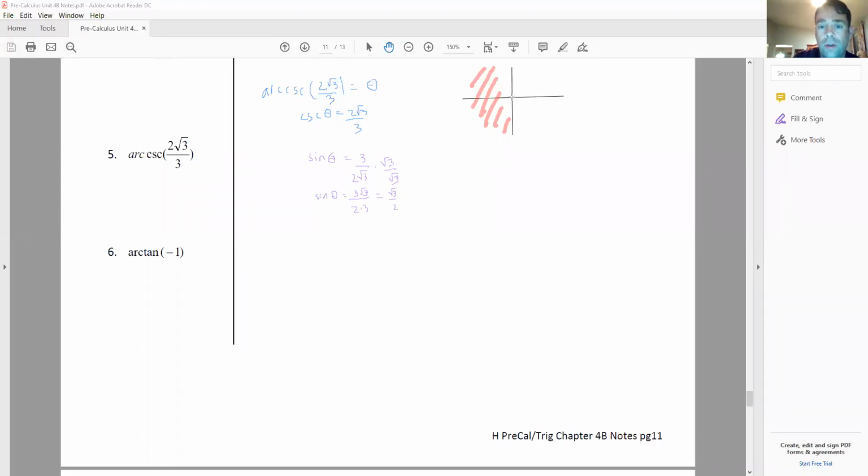Well, that, friends, is going to be right here. And that value, that is pi/3. So theta here is pi/3. So then I can come back to arc cosecant and make that pi/3.